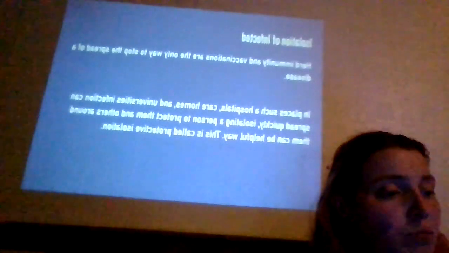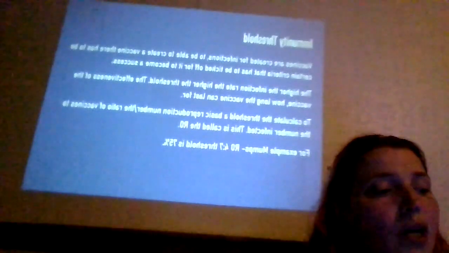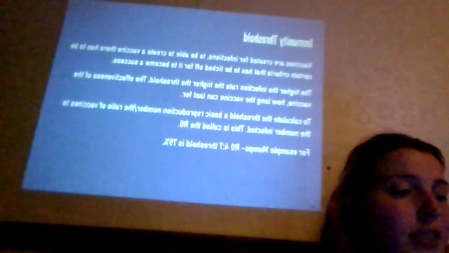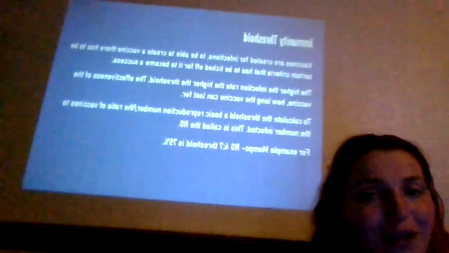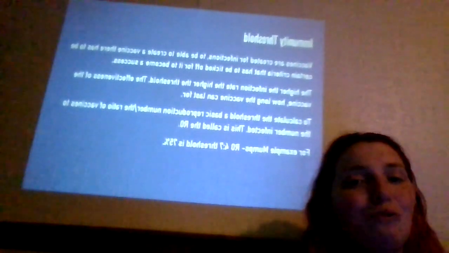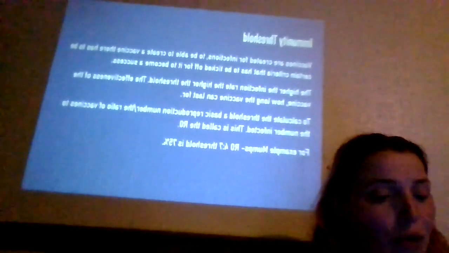It's always a very good idea to isolate the infected, as it's not just protecting you, it's protecting them as well, and also stops the spread. You have an immunity threshold. Now this is something that basically is how you calculate a vaccine and how responsive and effective it's going to be.